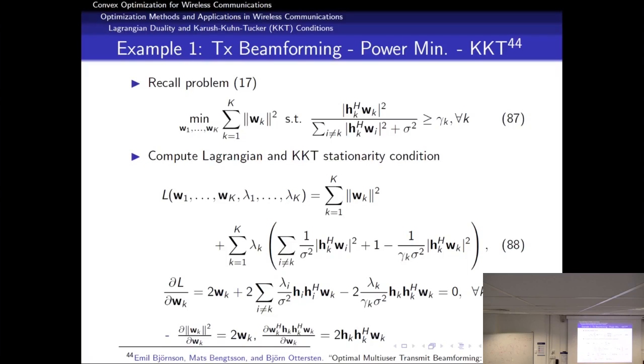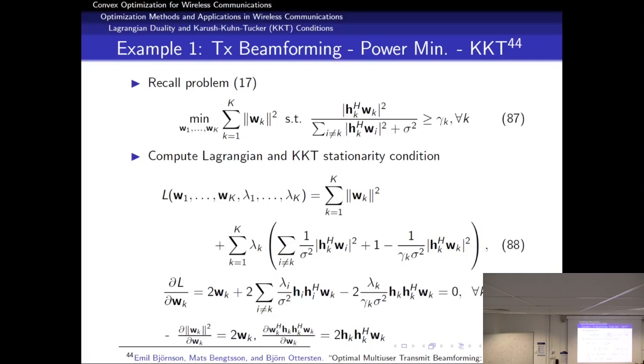Now, what is interesting in this case is that you can find a nice structure of the optimal precoders, and that gives you some really nice insight, which you wouldn't get from the SOCP and from the SDP. So what is the Lagrangian? This is my objective function, my F naught. And I have now K constraints that I'm writing here.